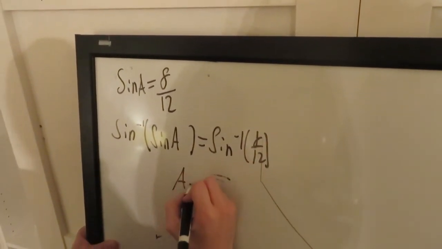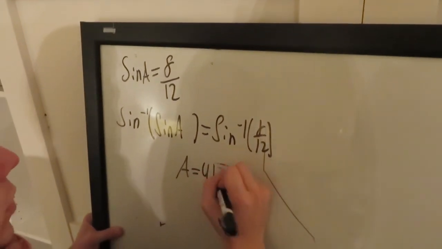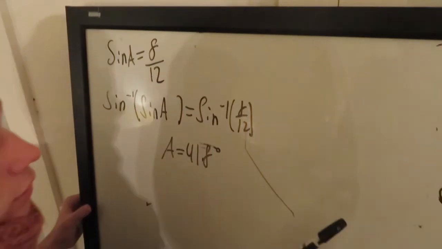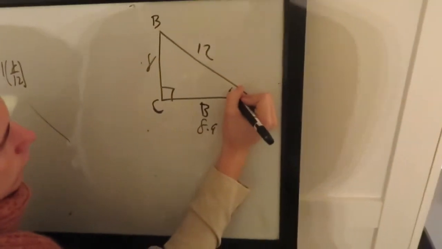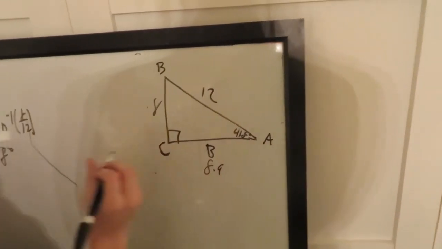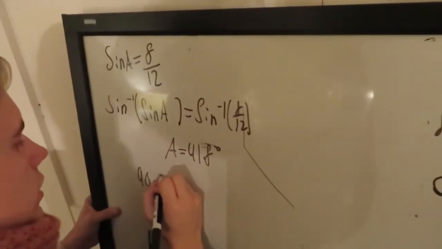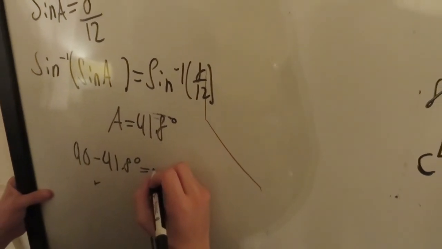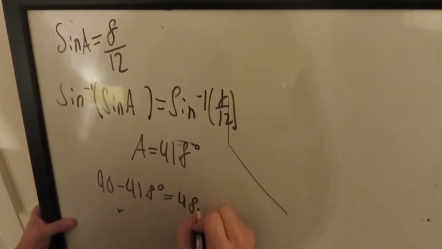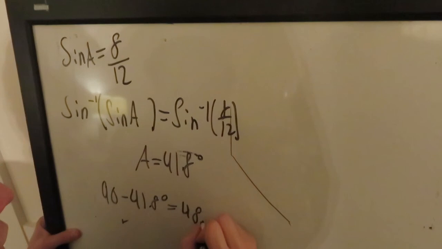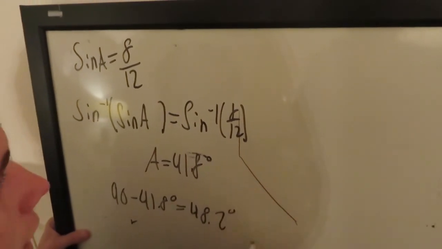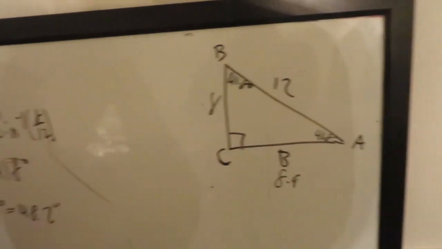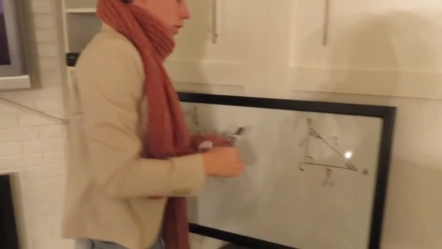And all that equals 41.8 degrees. Then all you have to do is 90 minus 41.8 degrees equals 48.2 degrees, and that's how you find angle B. And that's how you find all the sides of a triangle.